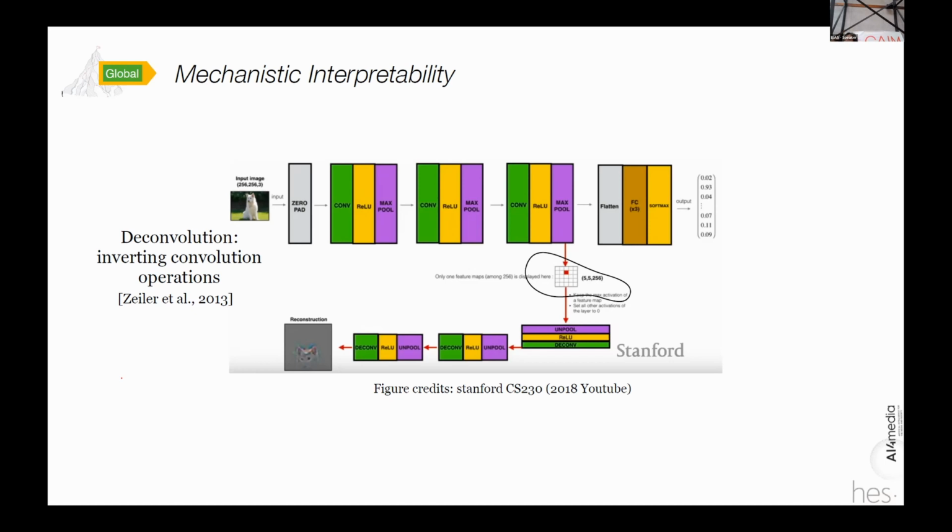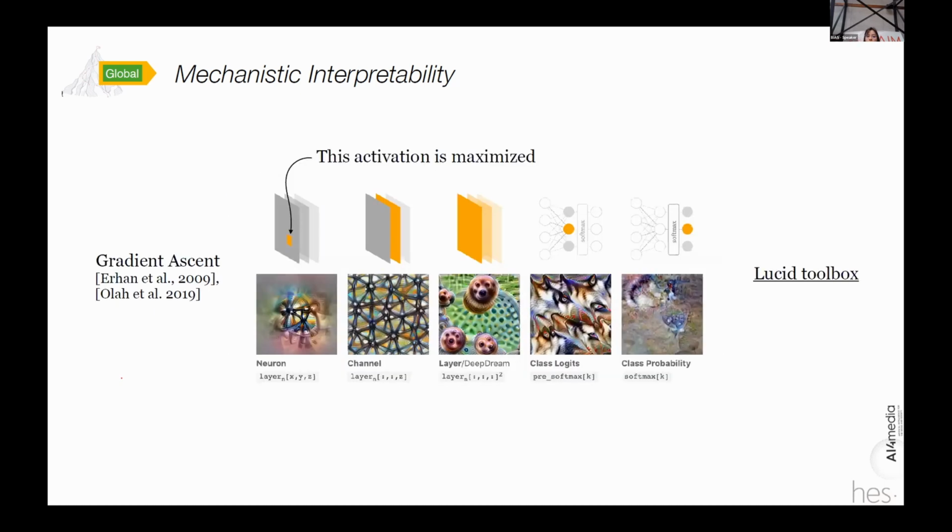They were taking a convolutional neural network, taking a precise layer, and they realized that they could invert the convolution operation to reconstruct what the convolutions were taking from the data, so how this compression was working, and to have a visualization back. I really recommend watching the YouTube videos for some details because it's extremely clear.